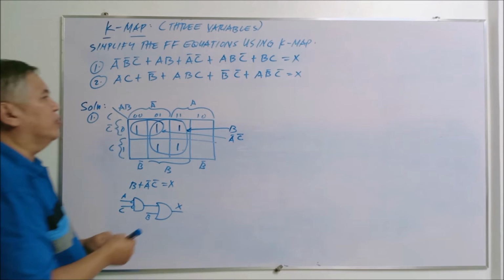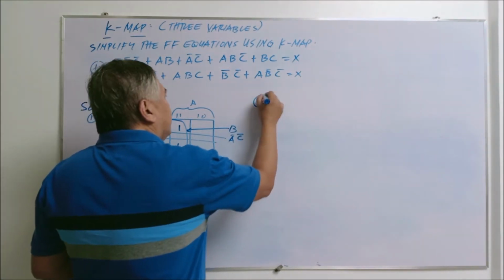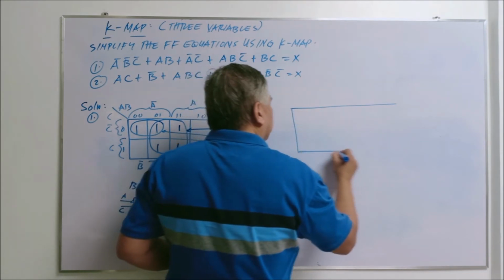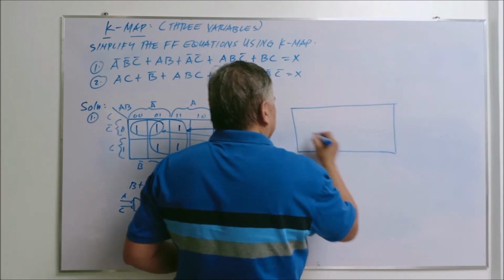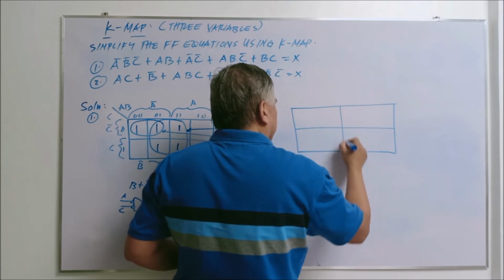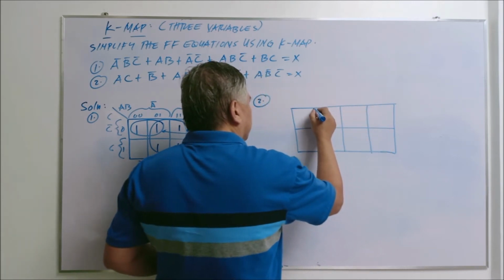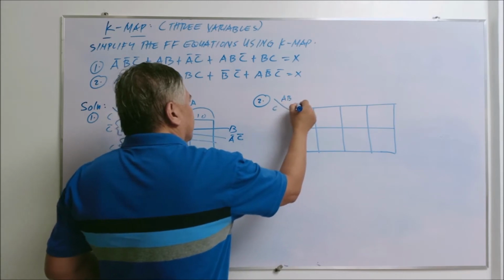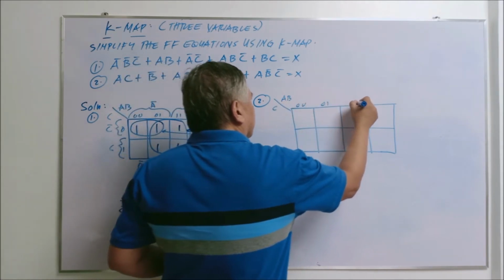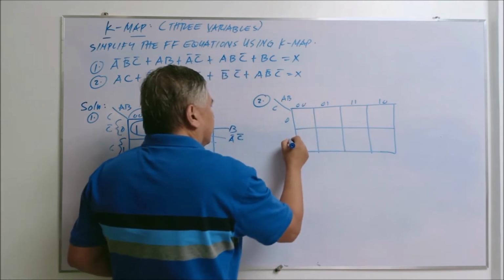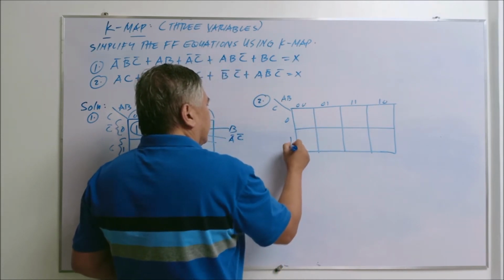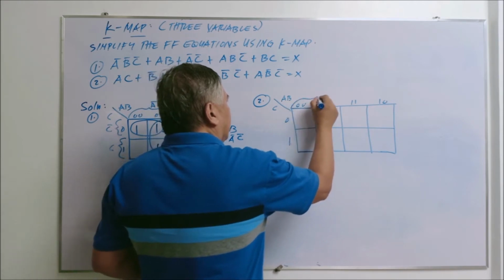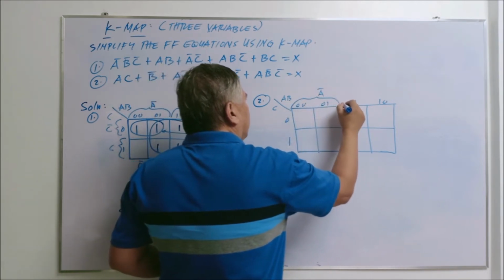How about number 2? What will be our solution? Again, we make a map. So we know that this is under A bar.